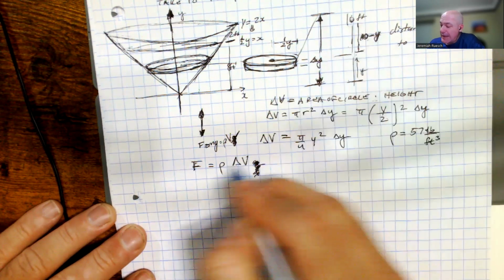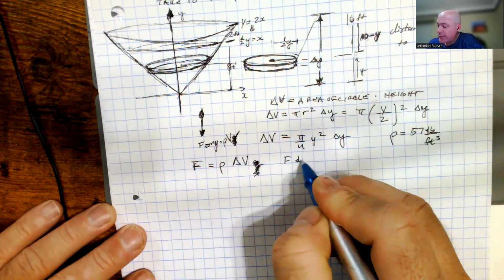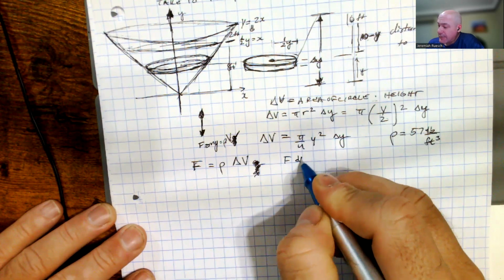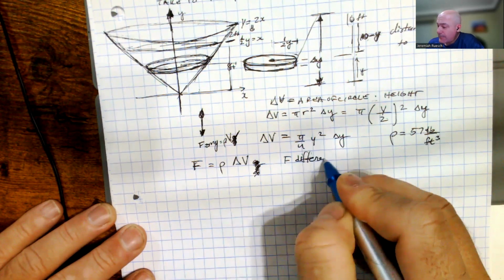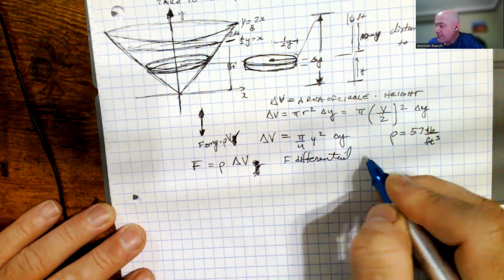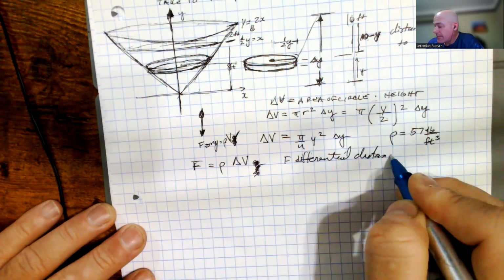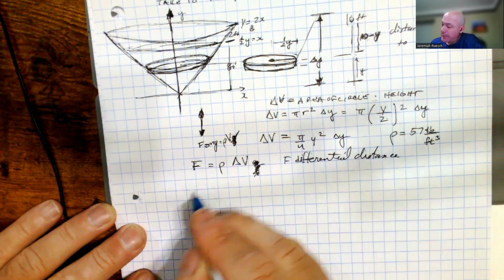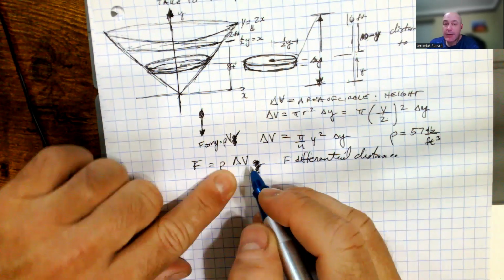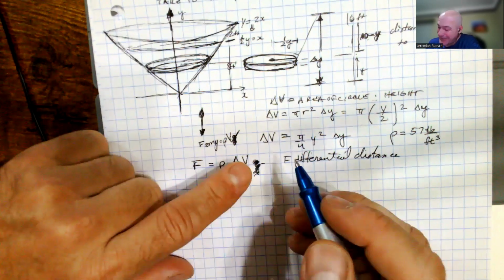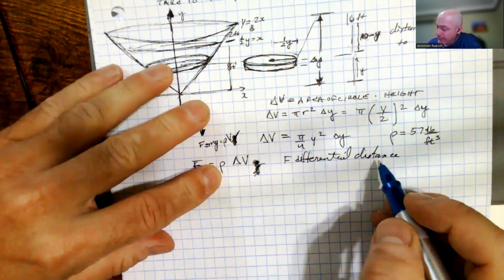So the force times the differential distance, and this is a differential volume on top of that.